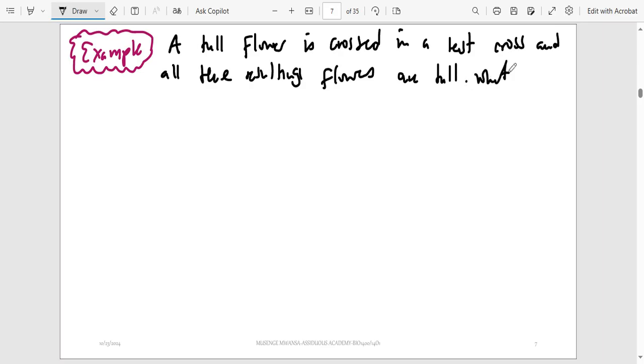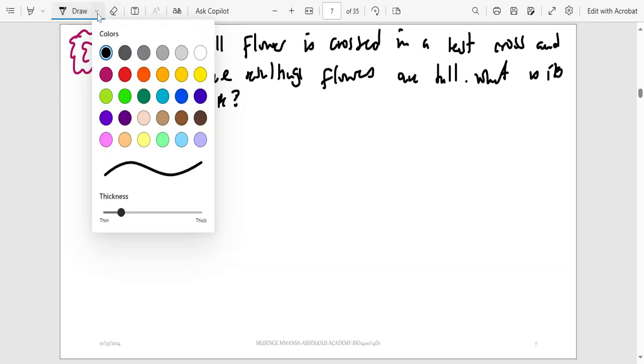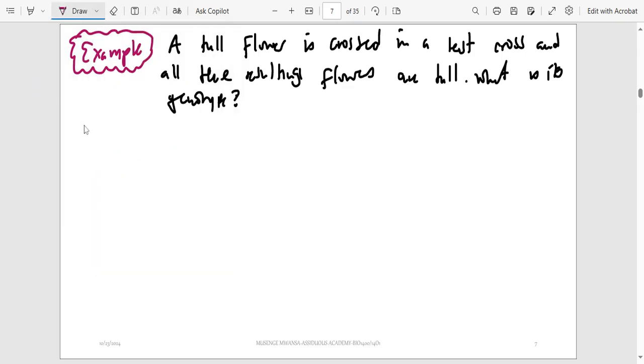What is its genotype? You can see the kind of question here. So how do you answer this? You can perform a cross using the one I gave you, or you can use a simpler one where you use the grid like this. Using a grid is even much simpler.